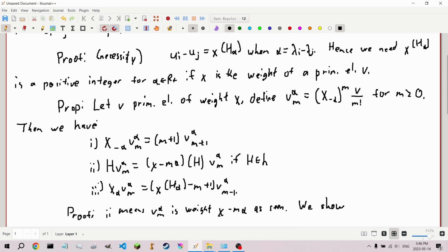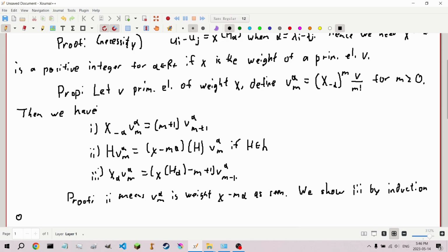We're going to show the third condition by induction on m, with once again m equals 0 being trivial.